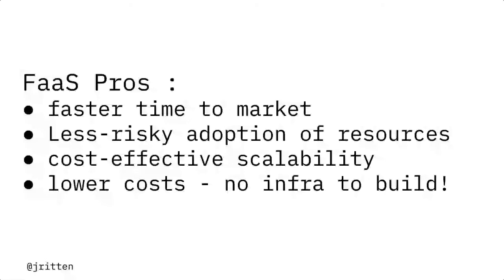So functions are scaled automatically, independently, and instantaneously when needed, and when the demand drops, functions as a service automatically scale back down. And you can get all the benefits of robust cloud infrastructures because FaaS offers inherent high availability because it's spread across multiple availability zones per geo, and it can be deployed across any number of regions without incremental costs.